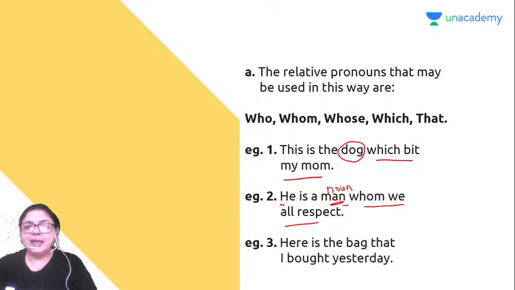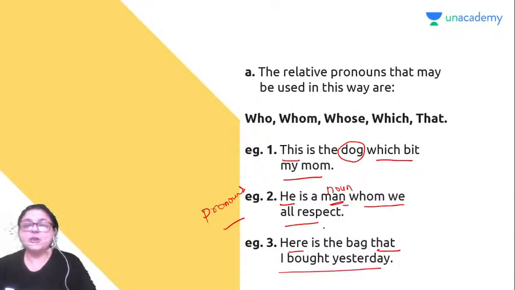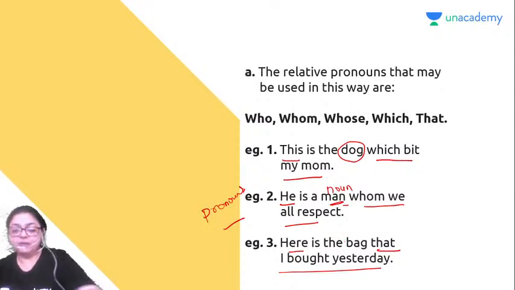Here he and this and here, all these are my pronouns because I am talking of them as pronouns. Which dog? This dog. Here is the bag that I bought yesterday. So that is the explanation I am giving for noun clauses and adjective clauses.